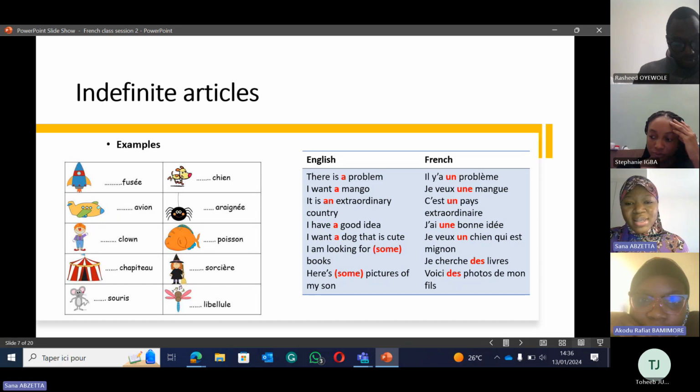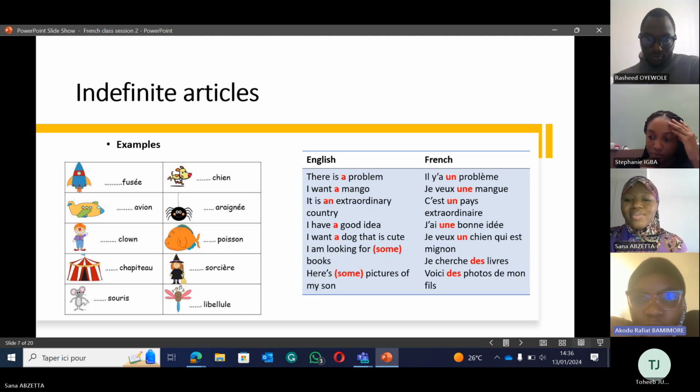Okay, I want a dog that is cute. J'ai vu un chien qui est... Mignon.